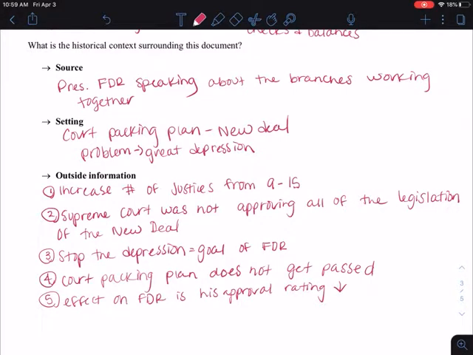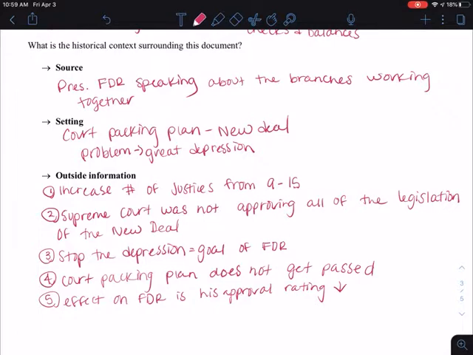Remember, after this, people look at FDR and say, whoa, maybe you are just a little bit controlling. Maybe you are taking a little bit more power than you should be. You're interrupting that checks and balances that we talk about. And they start to disapprove. Not enough to vote him out of office. We know that that does not happen.